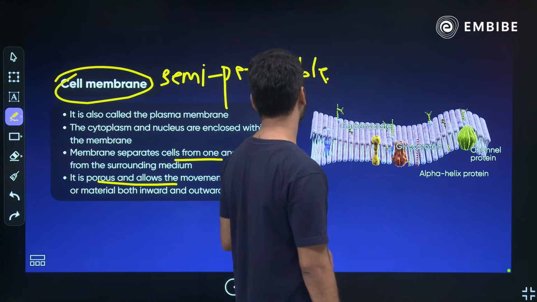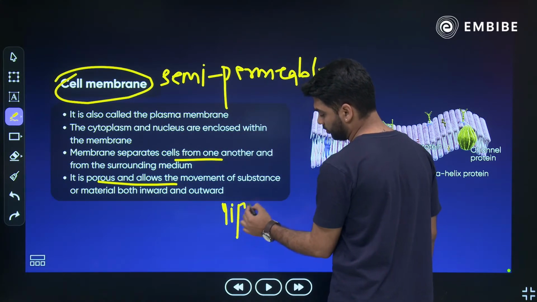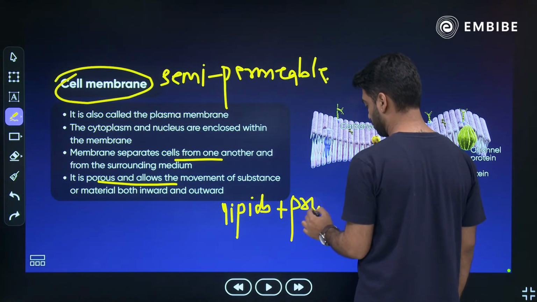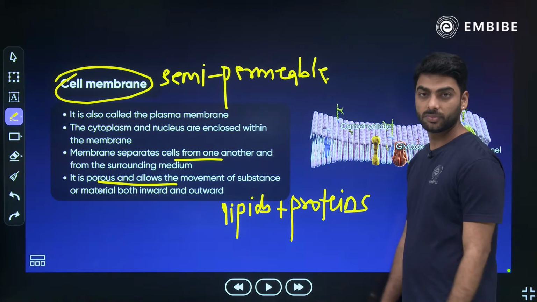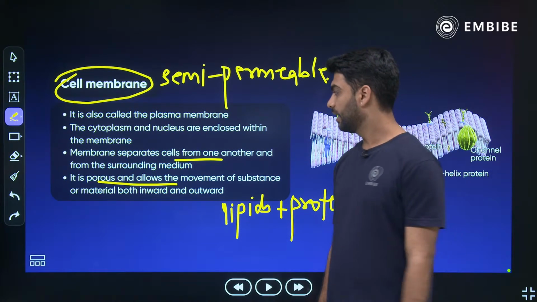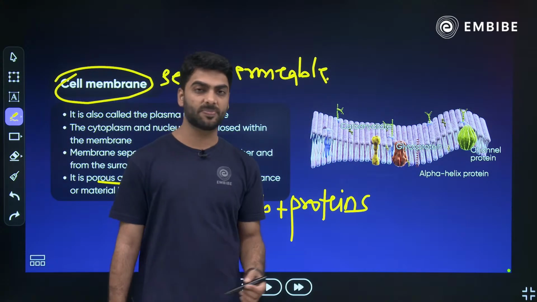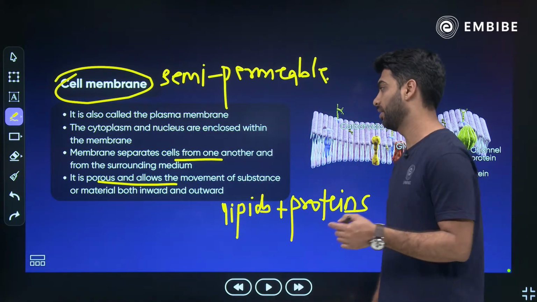It is made up of lipids and proteins. The cell membrane, also called plasma membrane, we can also call plasma lemma.